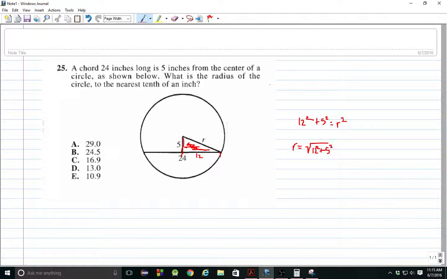You could calculate that on a calculator, but you can actually do this in your head. This is simply 13 because 12 squared is 144 plus 25 is 169, and when you find the square root of that, you get 13. So the answer is D.